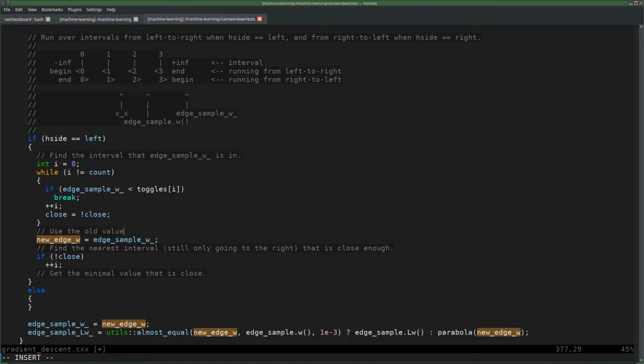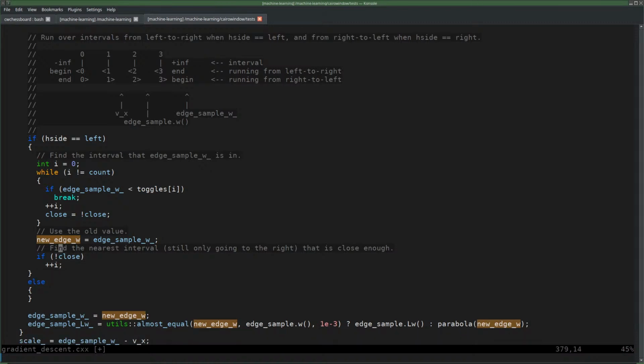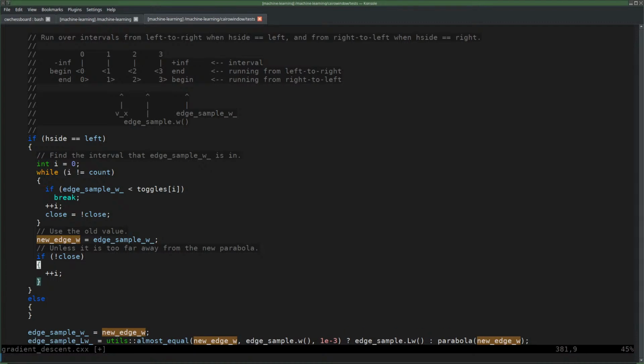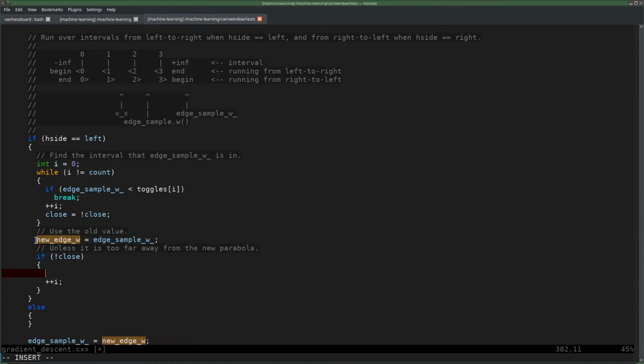Use the old value, unless it is too far away from the new parabola. I think that works.